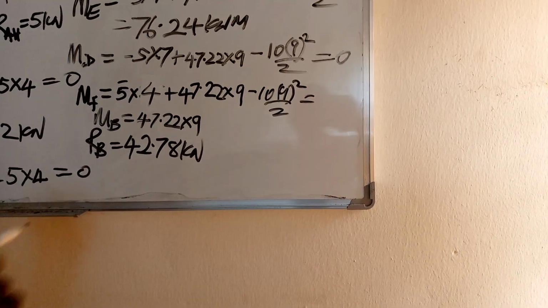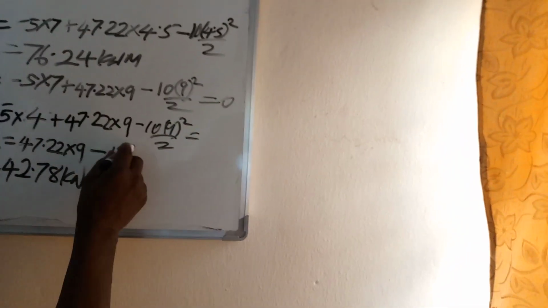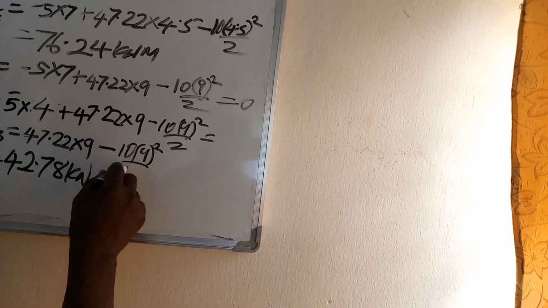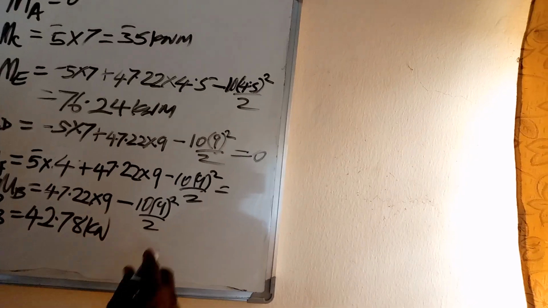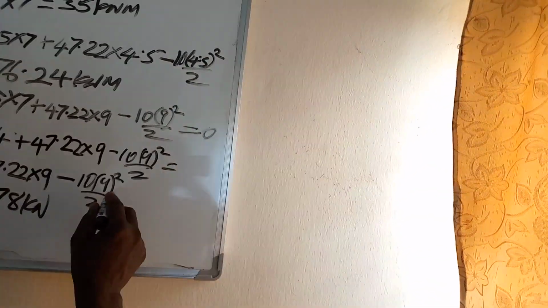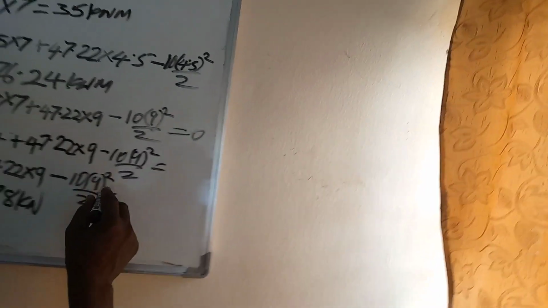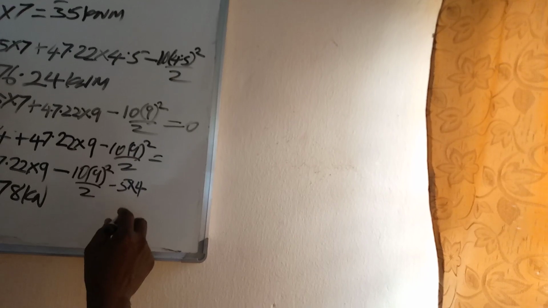Then the load, minus 10 times 9 squared over 2, that's perpendicular distance. Then minus 5 times 4 at B. This gives me 0 at point B. The moment at B is equal to 0.